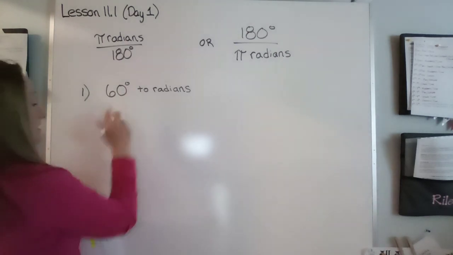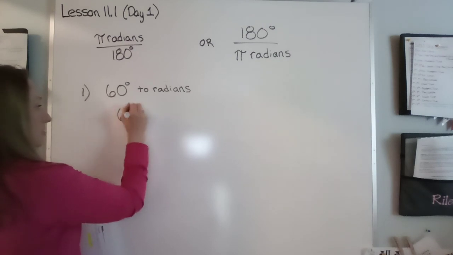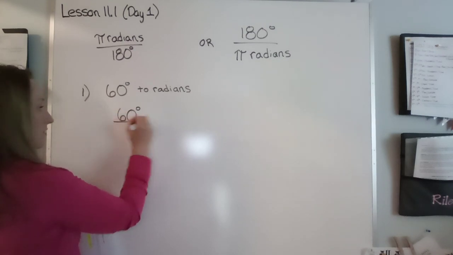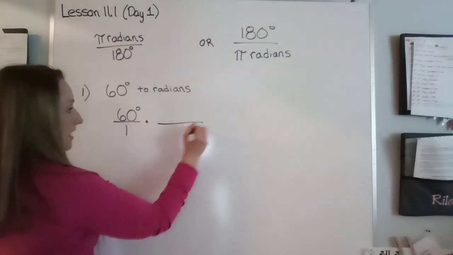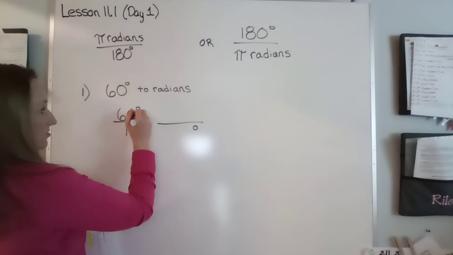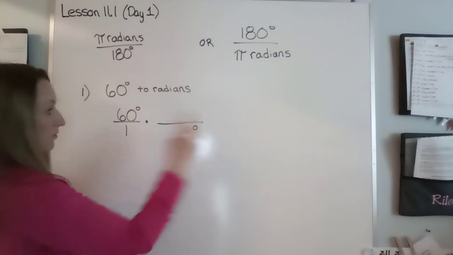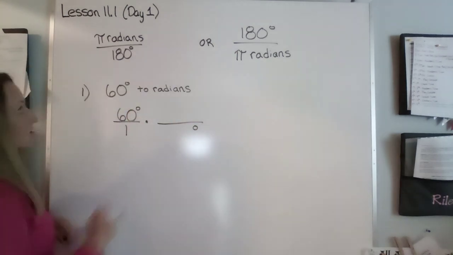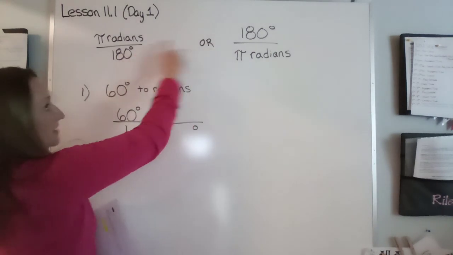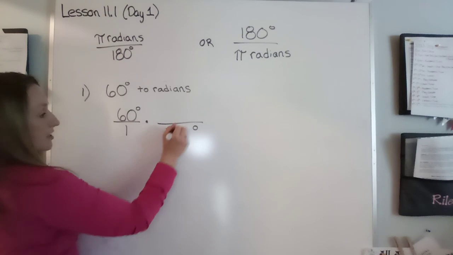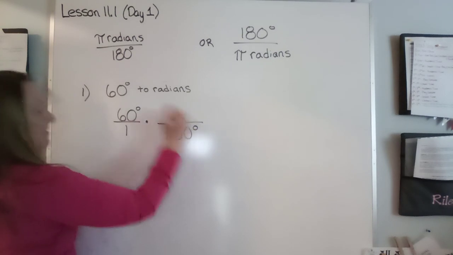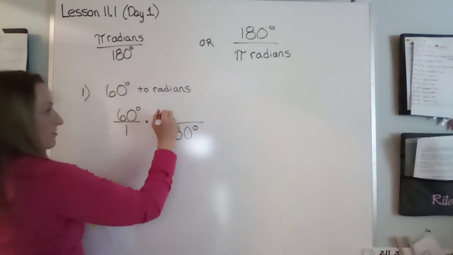So if I write 60 degrees as a fraction, it would be 60 degrees over 1. And if I want to cancel degrees, that means I need degrees in the denominator so that the degrees can cancel when I multiply by my conversion factor. So which one of these conversion factors has the degrees in the denominator? This one here.